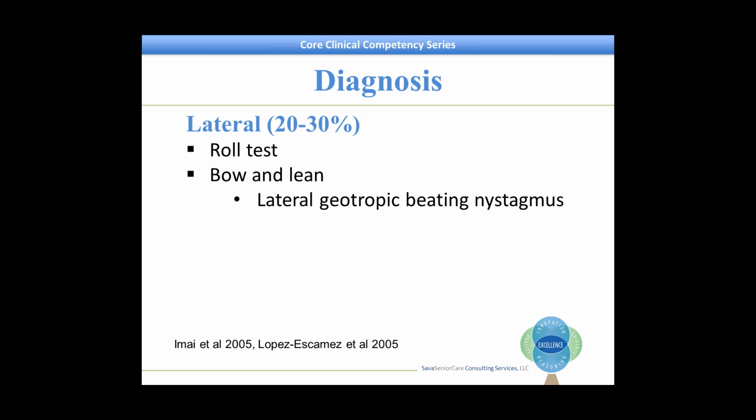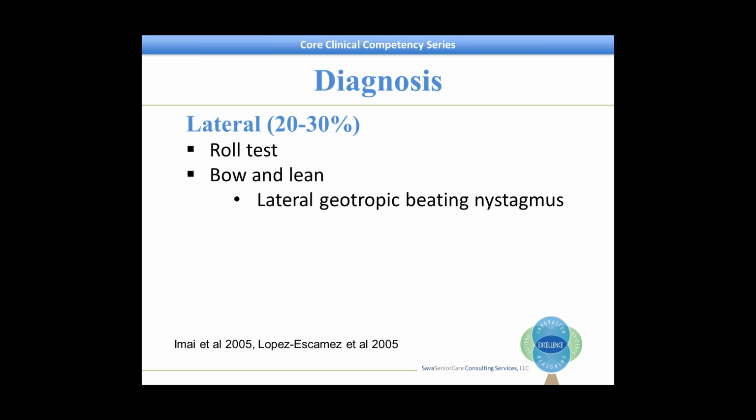Or the bow and lean test. And a bow and lean test is exactly what it is. The patient just bows forward with their head, and then they let it sit there, and then they tip it back. And if they tell you that I get dizzy when I'm leaning forward, most of the time that is a horizontal canal, because if you look at the anatomy, the horizontal canal is literally in the horizontal plane, in the transverse plane.